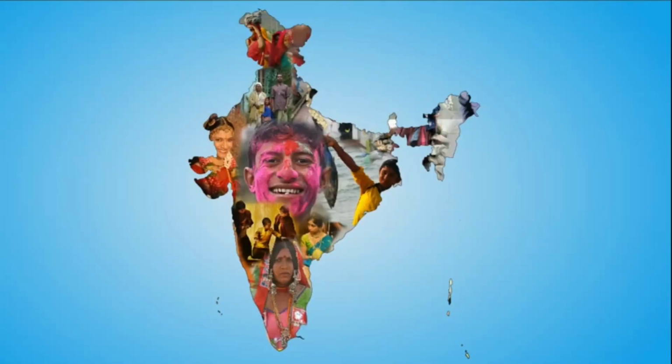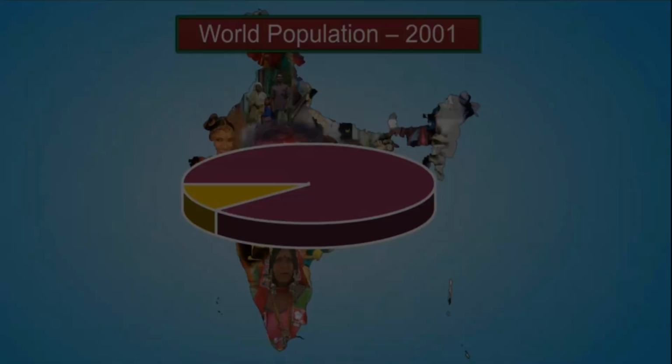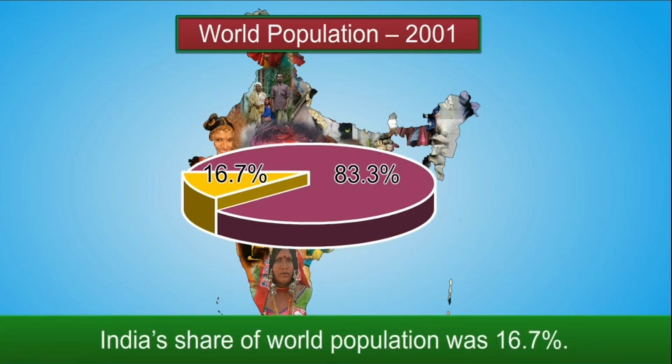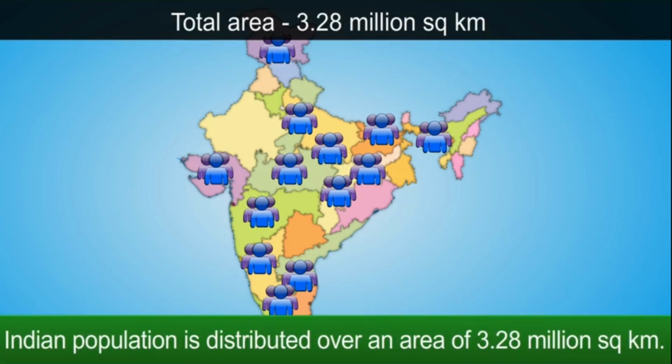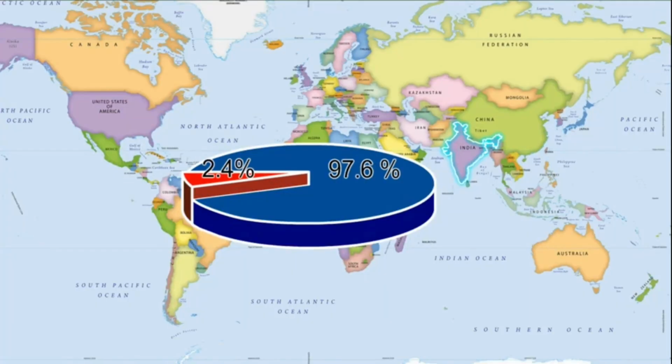As per the March 2001 census, India's population stood at 1028 million. This accounted for 16.7% of the world's population. The population is distributed over India's vast area of 3.28 million square kilometers. The country's area accounts for 2.4% of the world's area.